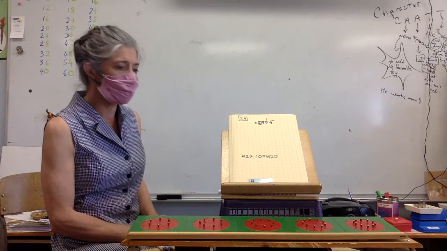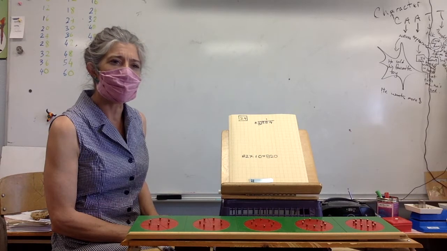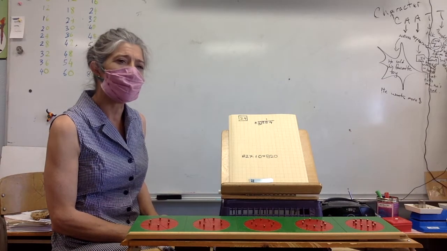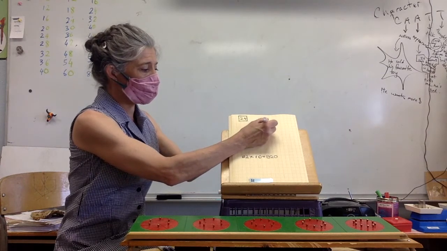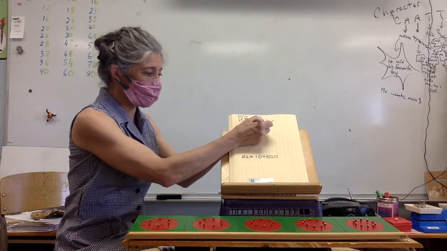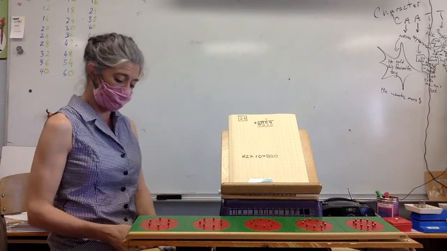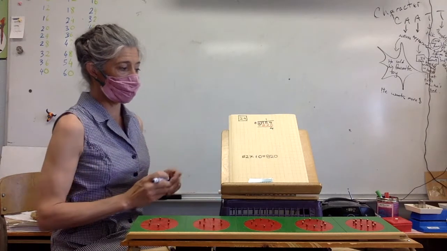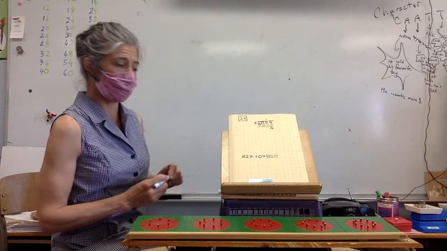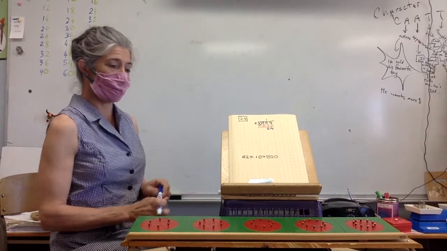Okay, so once you do that, you take away 820 from 984, and 4 take away 0 is 0. I mean 4, and 8 take away 2 is 6, and then 9 take away 8 is 1.